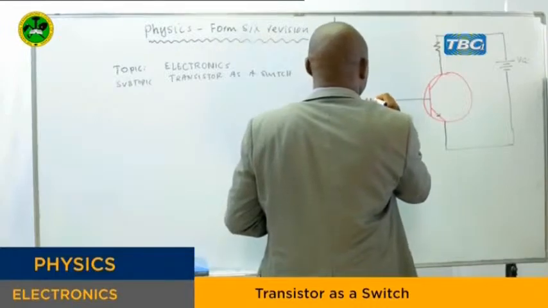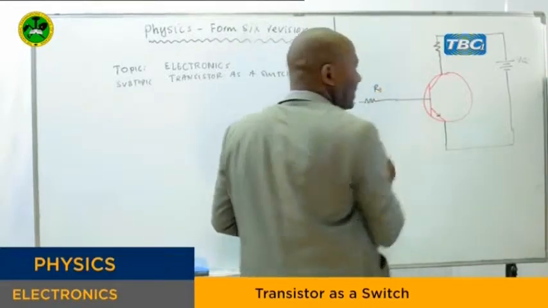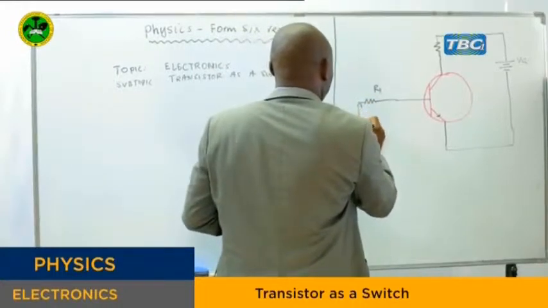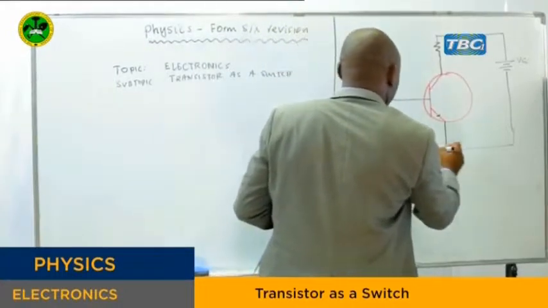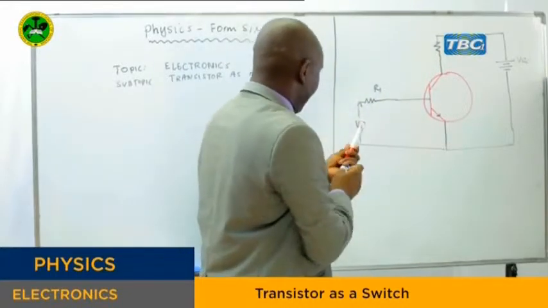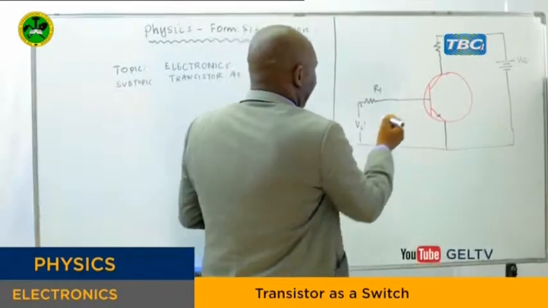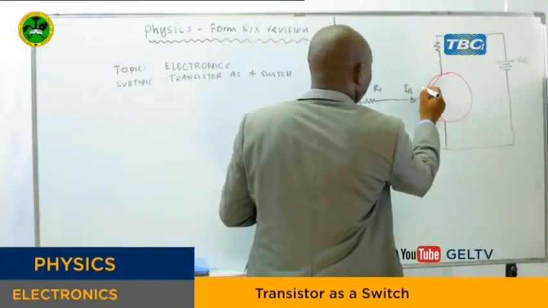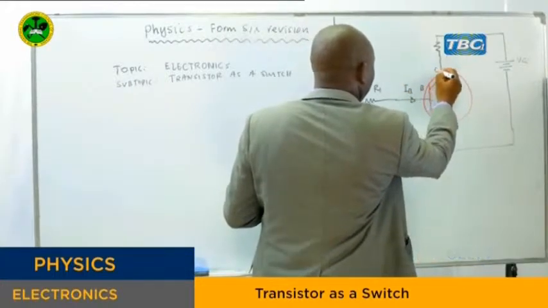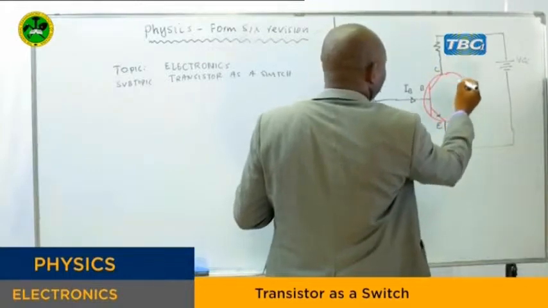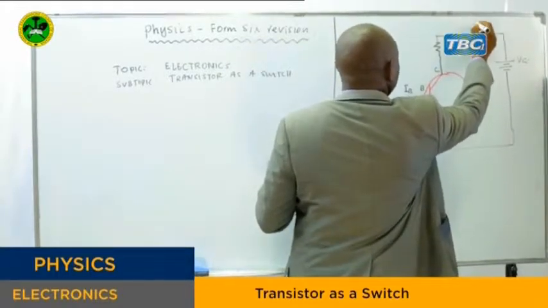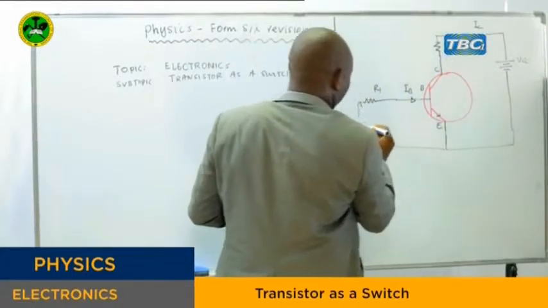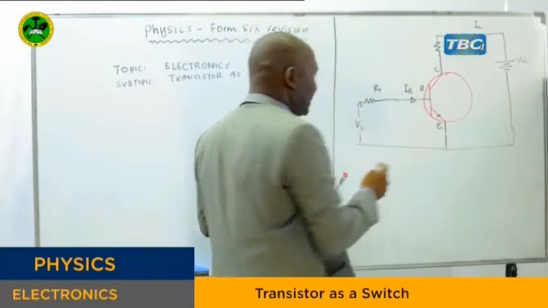And we're given R1 as the input. This is our input voltage. This is the base current, because this is the base, this is the collector, this is our emitter. And this is our collector current, of course. So we have the circuit as required.